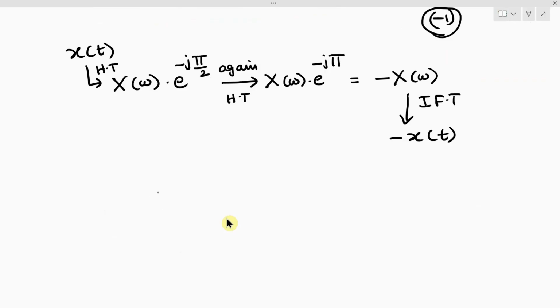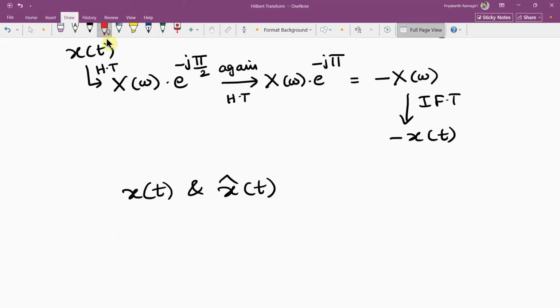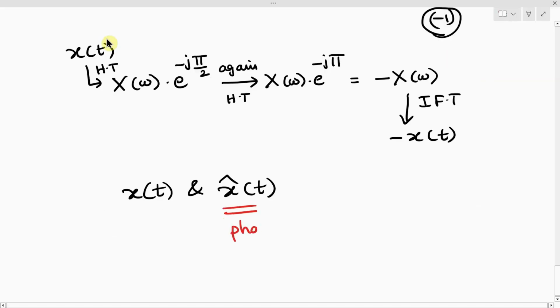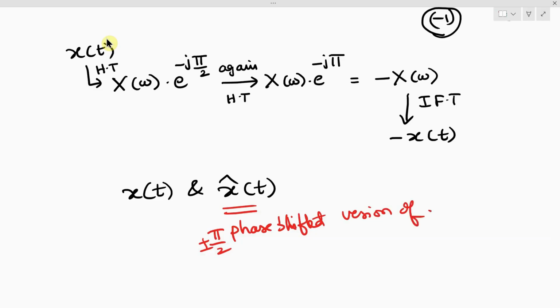And the last property, one more question. Last, very easy. Tell me now, x of t and x cap of t, are these signals mutually orthogonal or not? Yes, it is, because x cap of t is a plus or minus phase shifted version of x of t.